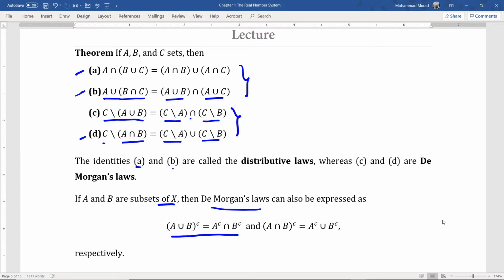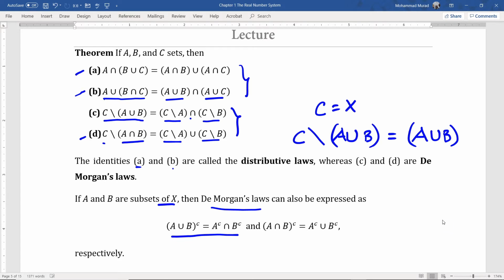Since if C equals X, then the complement of A union B in C is the complement of A union B in X. So the left hand side of this statement is that, and the right hand side can be replaced by this and that. Similarly, the statement D can be written in this form effectively.